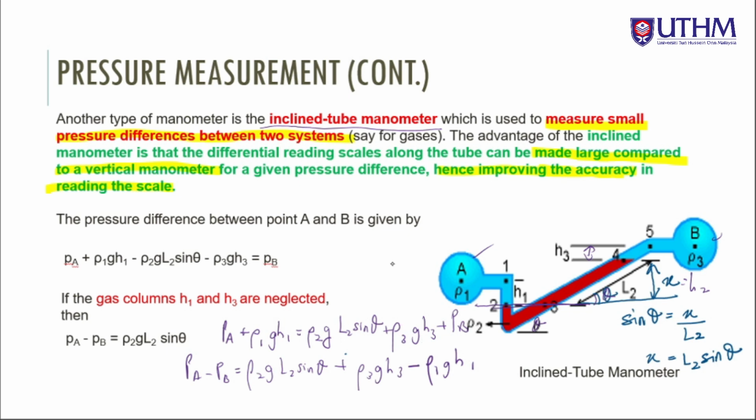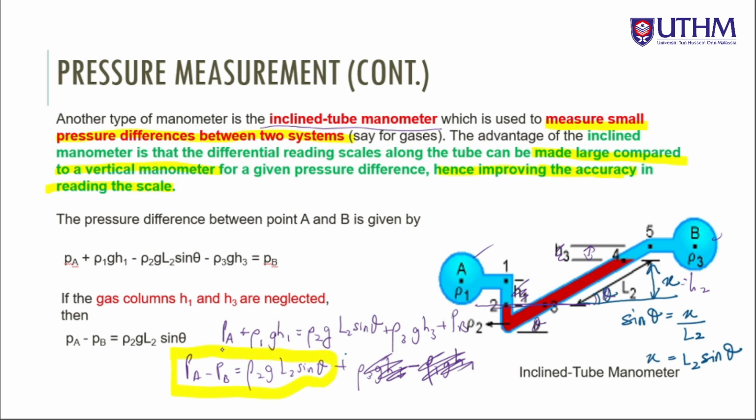Okay, and then if the gas column H1 and H3 are neglected, if let's say A and B adalah gas, kita neglect ini dengan ini. So bila kita neglect, kita actually neglect ini dengan ini. That is why what we are left with is this term sahaja.